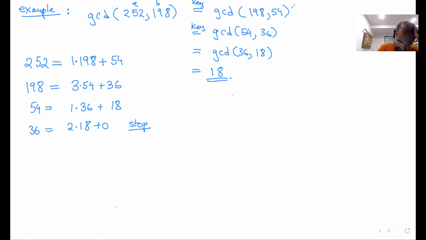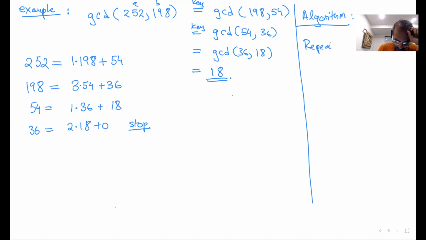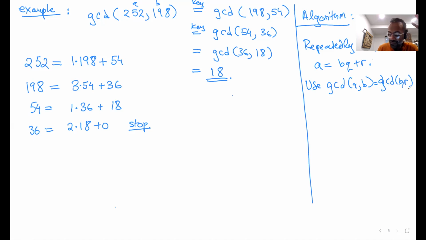Okay, so the algorithm here is to repeatedly express A as BQ plus R, and you use that the GCD of AB is equal to the GCD of BR. And then stop when you get a remainder of 0.